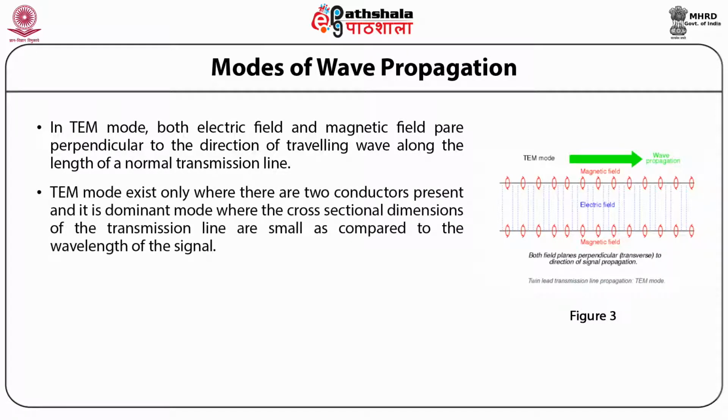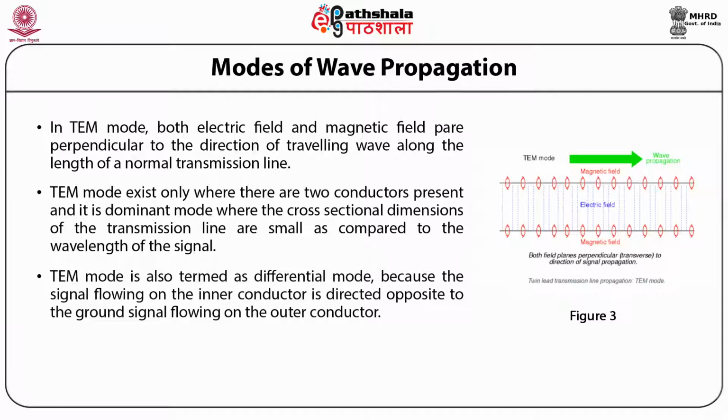The TEM mode exists only where there are two conductors present, and it is the dominant mode where the cross-sectional dimensions of the transmission line are small compared to the wavelength of the signal. TEM mode is also known as the differential mode because the signal flowing on the inner conductor is directed opposite to the ground signal flowing on the outer conductor.